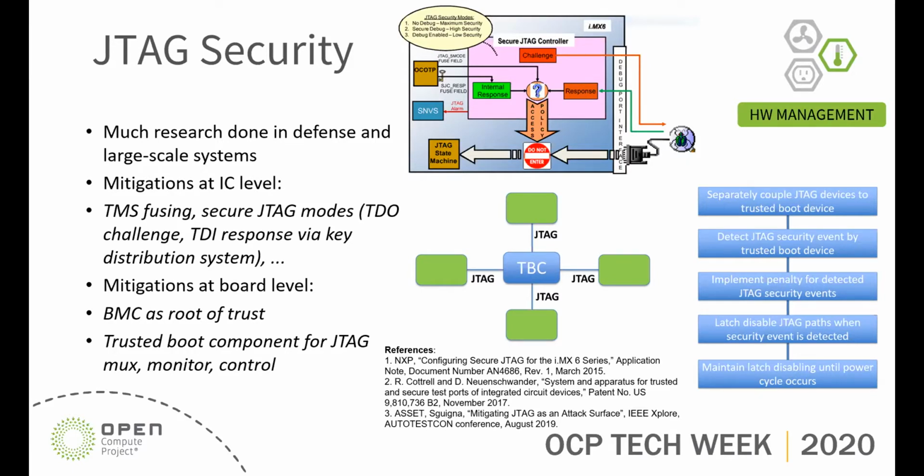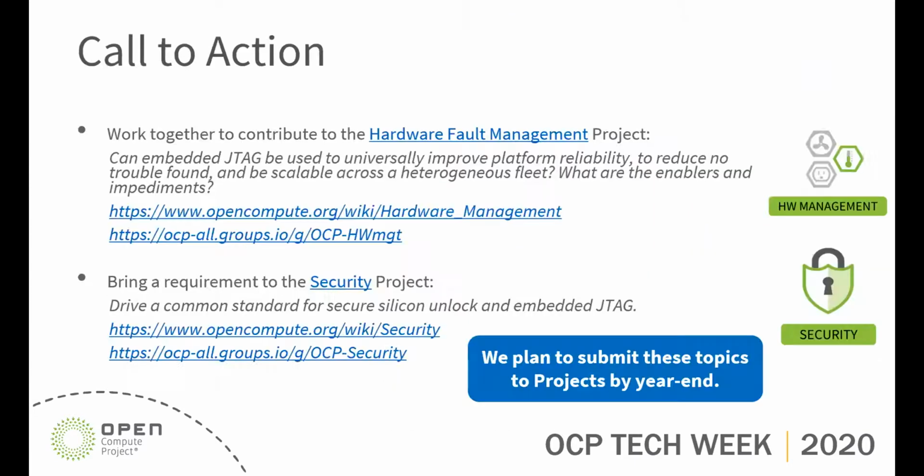But in any event, the TBC has firmware in it to detect JTAG security events and then latch the JTAG if it detects something suspicious, until such time as the platform has been power cycled. That's one of many different implementations of having an external device monitoring and muxing JTAG.